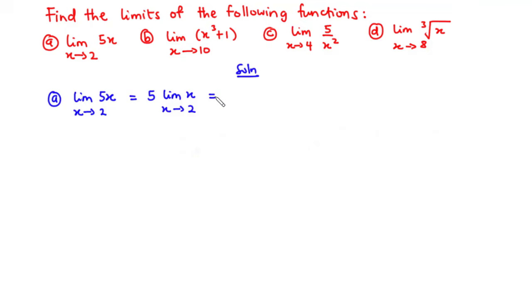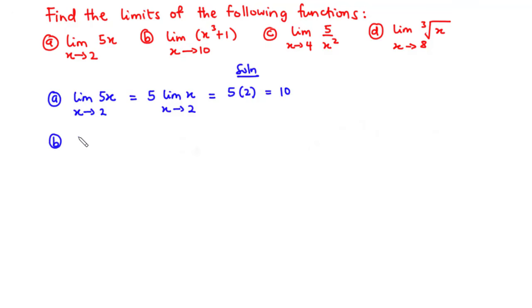Now directly substituting 2 into this limit, we have 5 times 2, and that is equal to 10. Now so long as you can substitute what x is approaching into this limit, the limit goes away. So the limit of 5x as x approaches 2 is equal to 10.